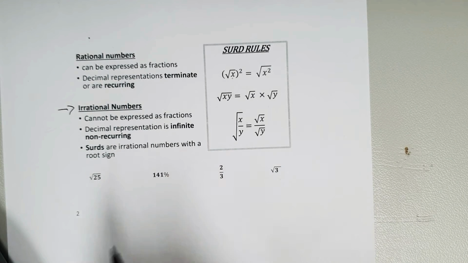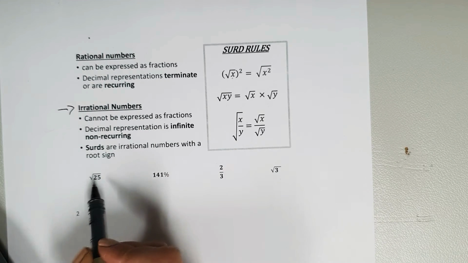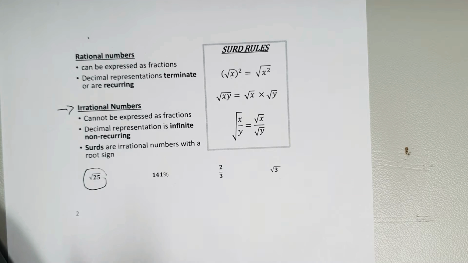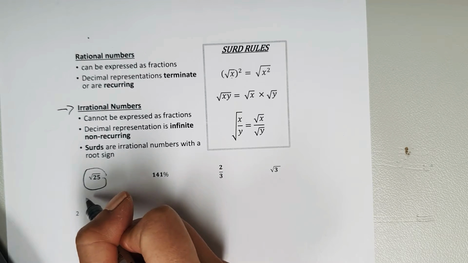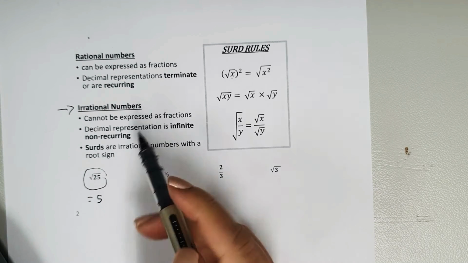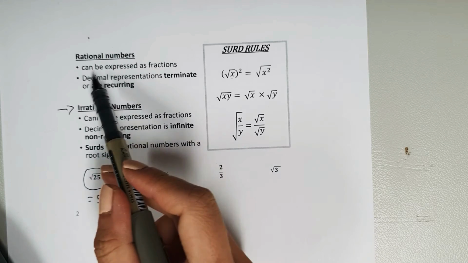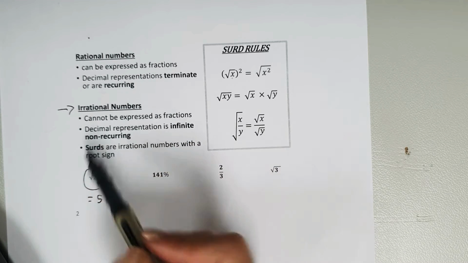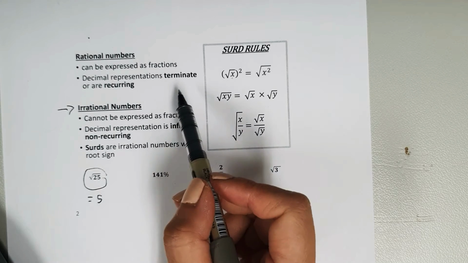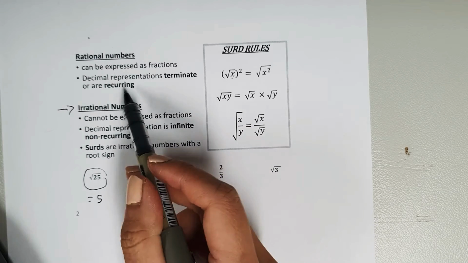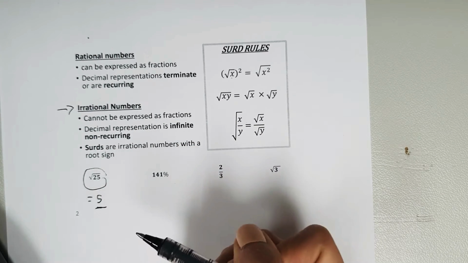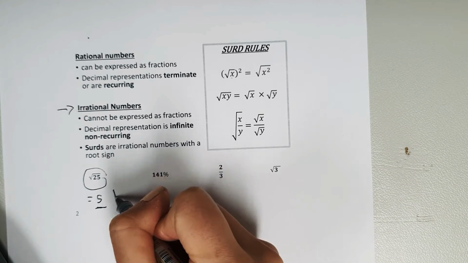Now let's have a look at rational versus irrational numbers first. So here, do we have a rational number or not? Well, square root of 25 gives us 5, and 5 can be written as a fraction, or its decimal representation can terminate or recur. So this is terminating, and this is a rational number.